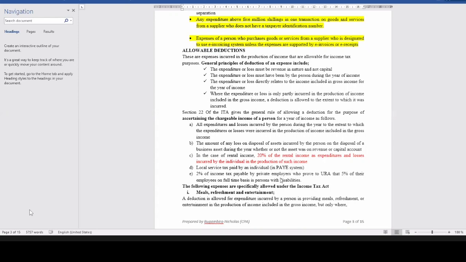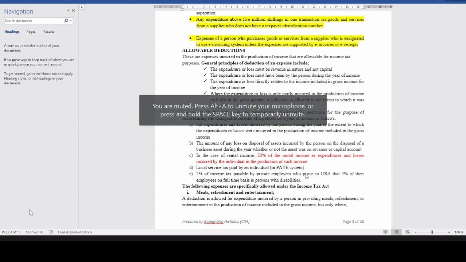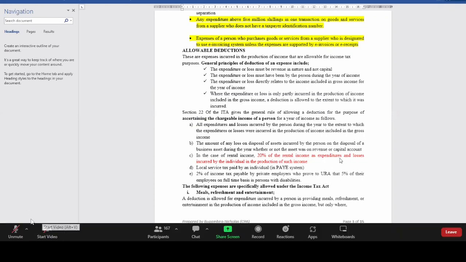So you include it as an income and you charge tax on it. However, where the cost base exceeds the sale proceeds, where you've sold that land or those shares at less, that leads to what we call a capital allowance, or sometimes a capital loss, allowable.